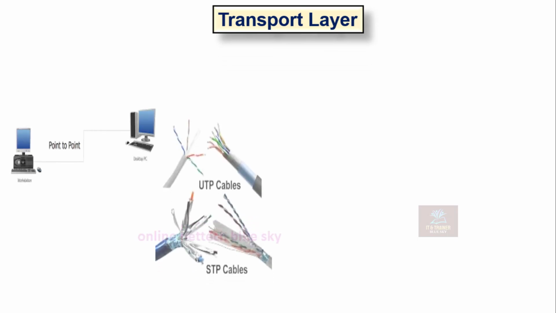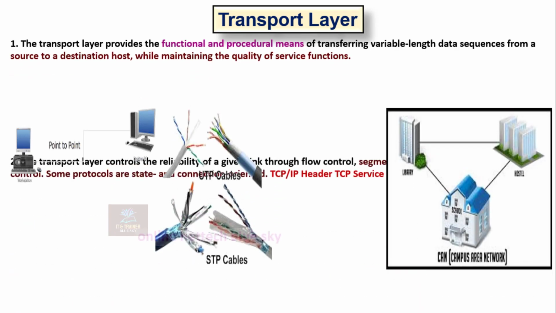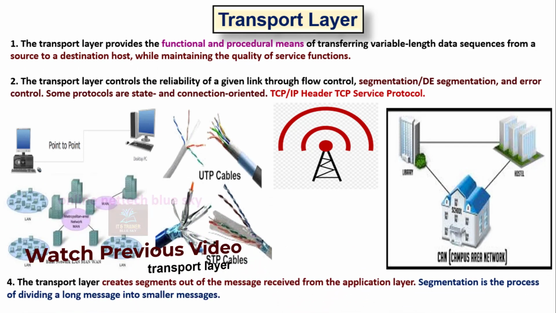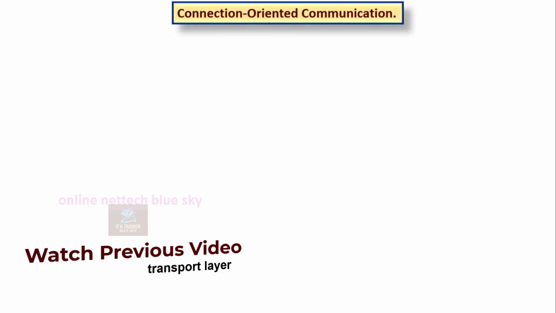Okay, and I already told you about the transport layer. Watch the previous video, it is very important, this is my last previous video, for understanding everything about what a transport layer is. So today I'm continuing with the transport layer.